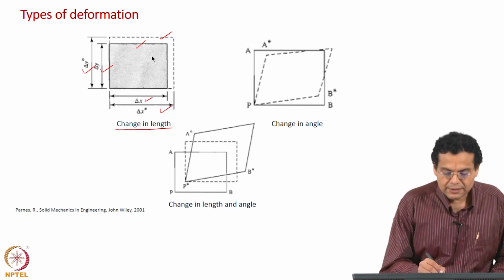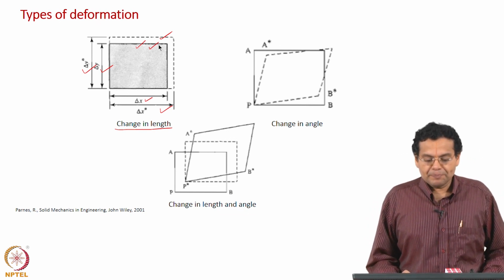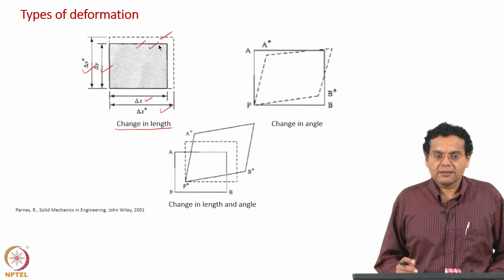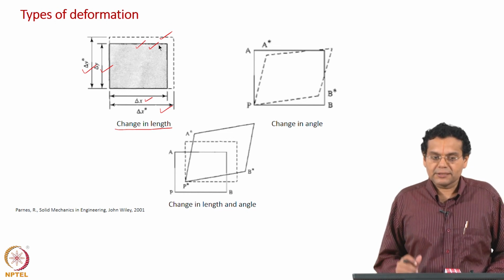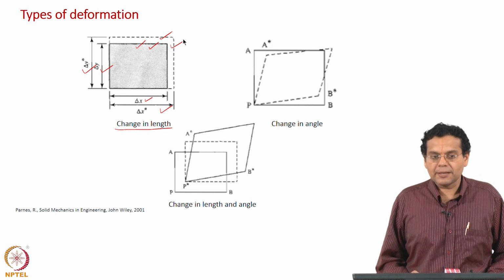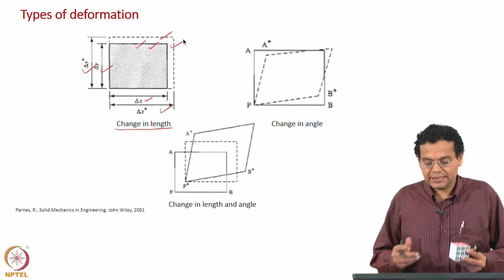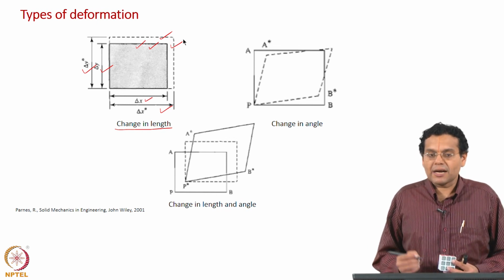So this continuous line represents the plate in the initial state or undeformed state. And this dashed line represents the same plate after you apply the force. It has undergone some deformation, in this case change in length, and then it has come to another equilibrium state.